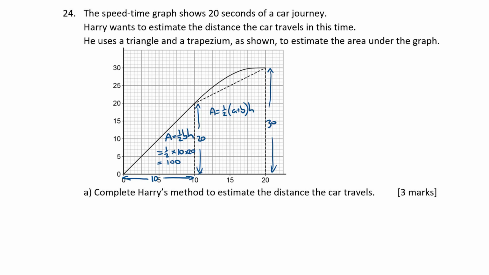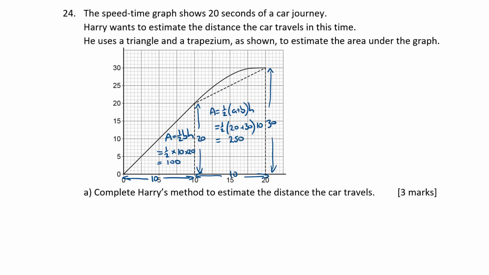And then the distance between them is going to be my H value. Distance between 10 and 20 is 10. Okay, so my area here is going to be a half 20 plus 30 times by 10. 20 plus 30 is 50. Half of 50 is 25, and 25 times 10 is 250.